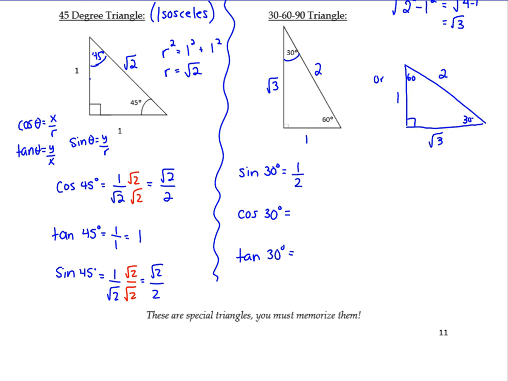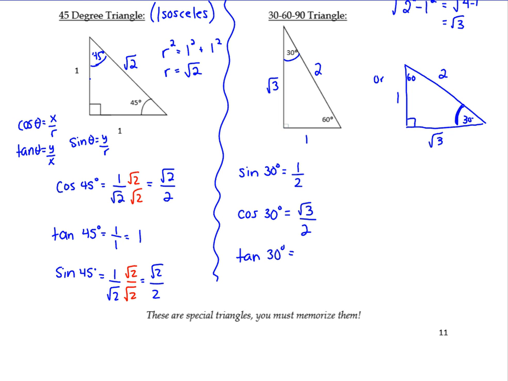So let's figure out cos of 30 degrees. I can use this triangle or this triangle. It doesn't matter. We just have to use SOHCAHTOA, right? So cos is adjacent over hypotenuse. What would be the adjacent to 30? Root 3 over 2. Good. Is that rationalized?